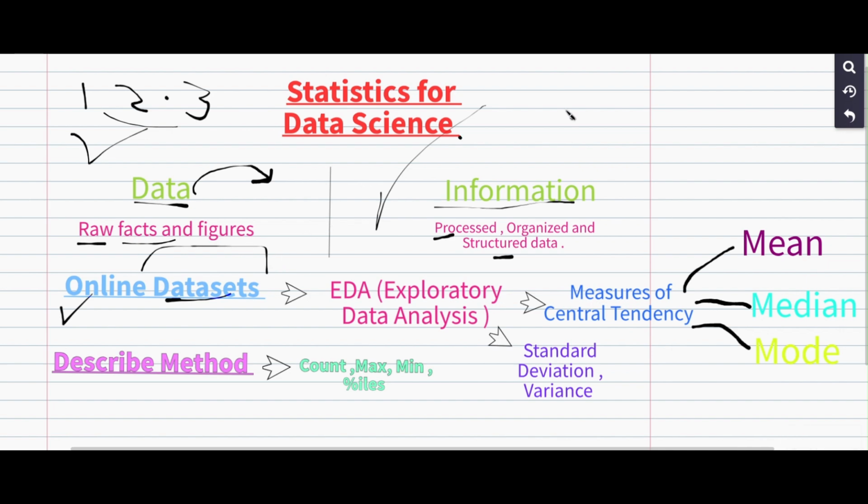When you make a table and label the data with headings, saying these are the rows, the records, and these are the columns, the attributes, and you put it in a table or a relation, that is known as a data set. So in this statistics for data science course, we will be working on a data set.